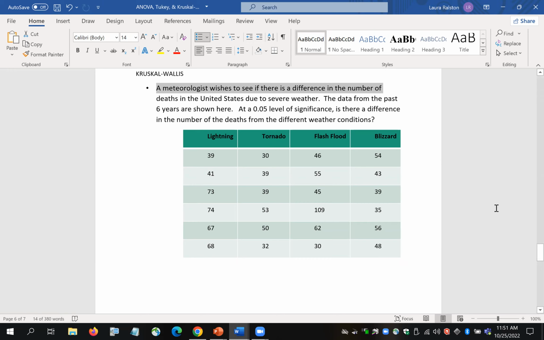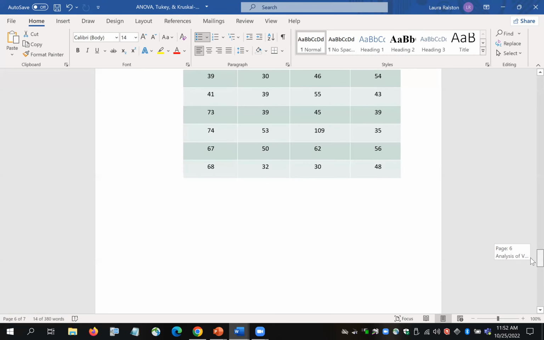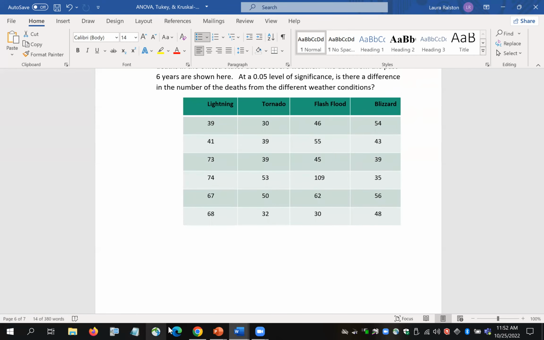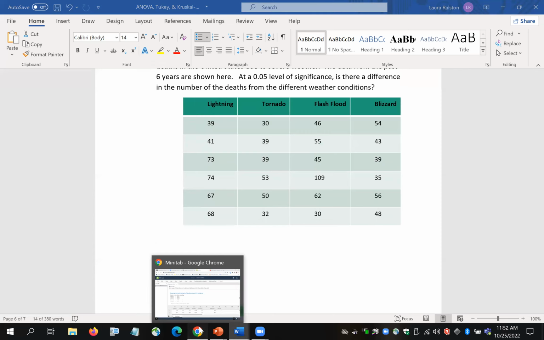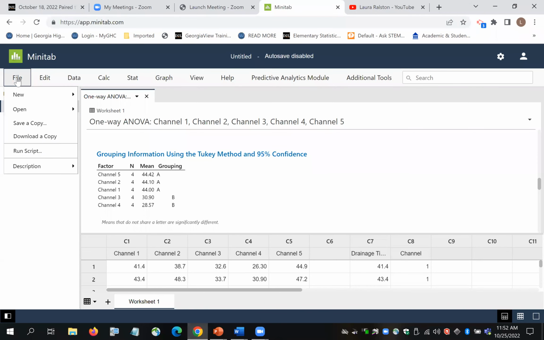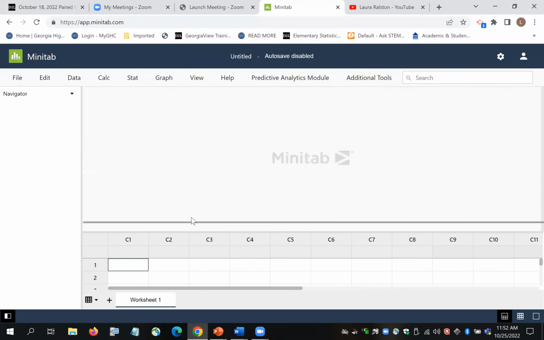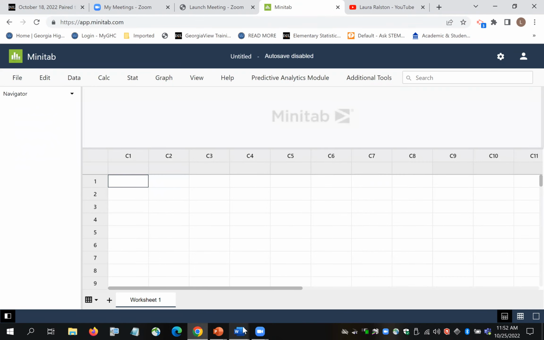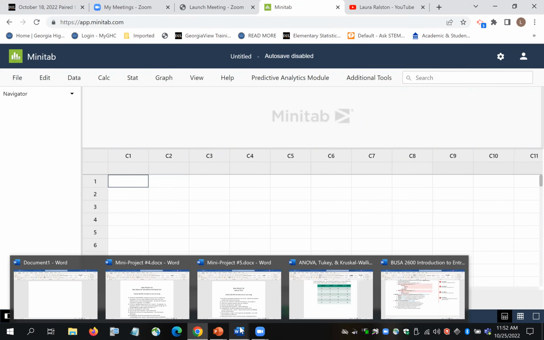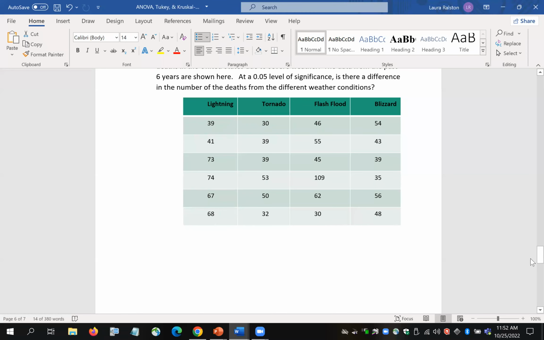And so we want to conduct a hypothesis test. Now, it doesn't tell us here that it's not normal. So we're going to go the extra step and look at the box plots at least to make that determination. So let's go over to Minitab, and I'm going to get a new page so we don't get confused. And again, I didn't readily recognize it as being Kruskal Wallis.